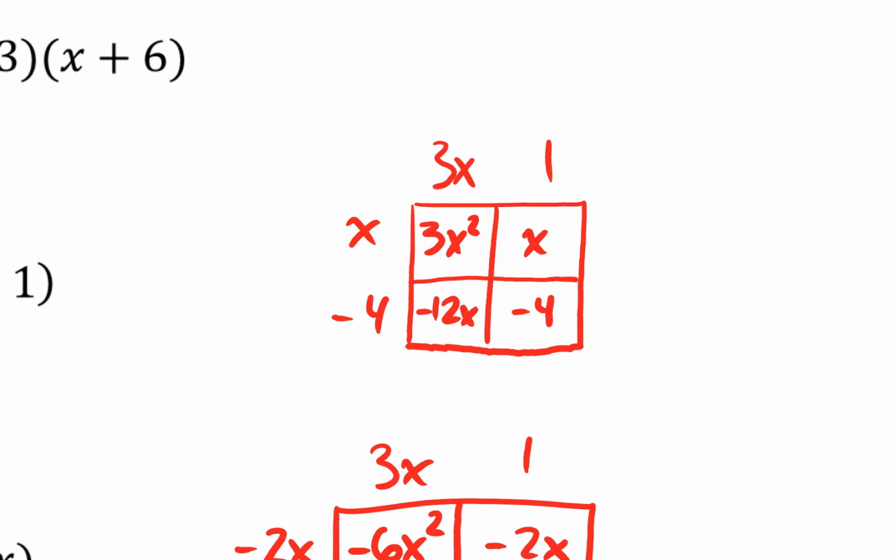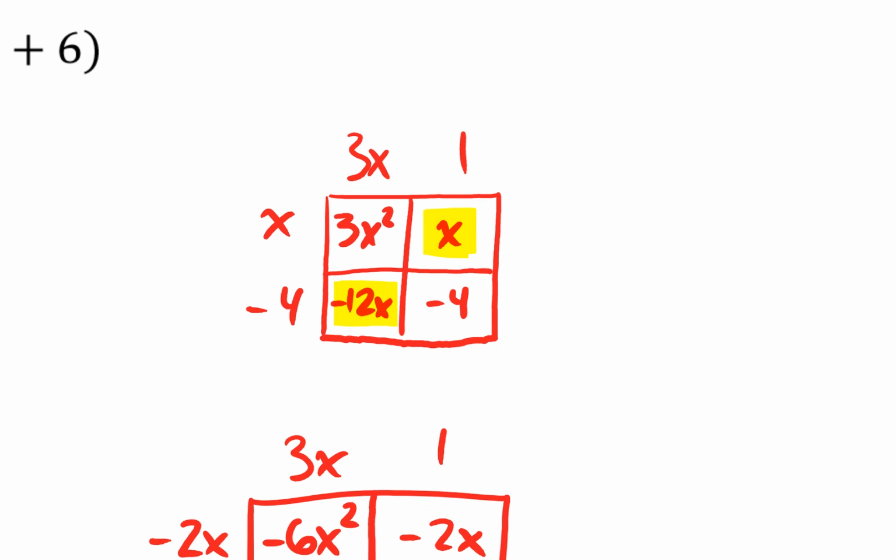So two of these boxes are like terms, and I can combine them. I've got an x and a negative 12x, and because those are like terms, terms that have the same variables and the same powers on those variables, I can combine them together.